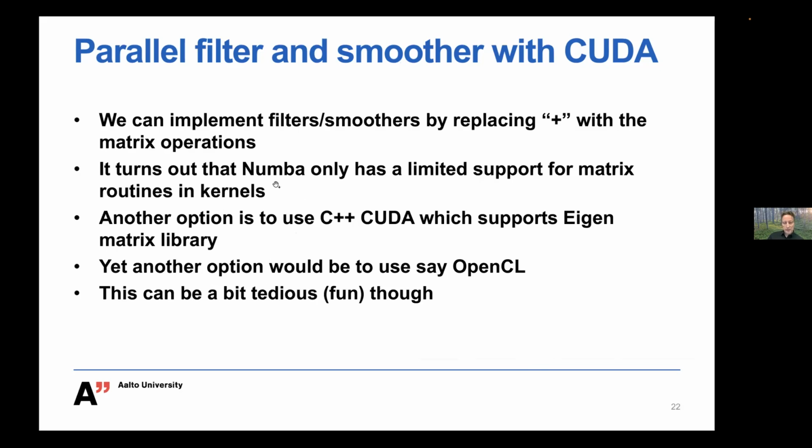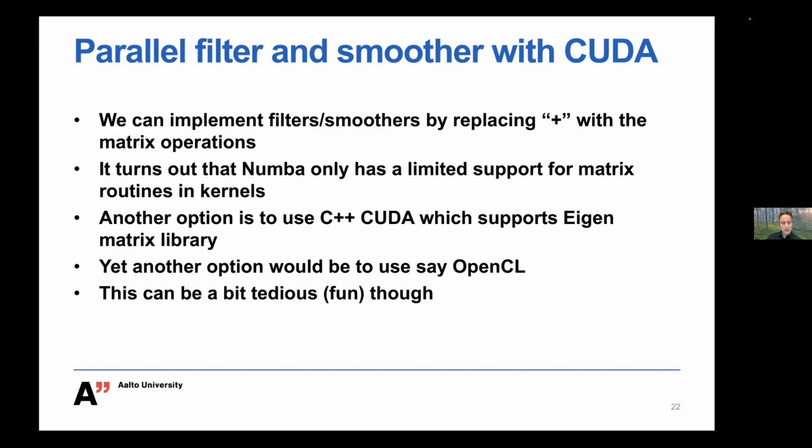But if you try to do that, you will notice that Numba has limited support for matrix routines in kernels. Another way would be to use C++ CUDA, which supports, for example, the Eigen matrix library. So that makes life easier. Another way would be to use OpenCL, which is a more generic programming environment for GPUs. It's a bit tedious, but of course it's fun to try that.